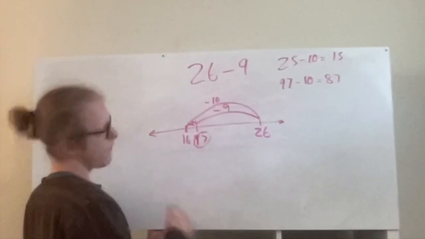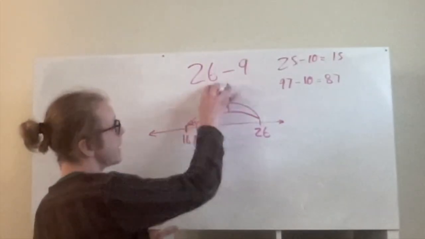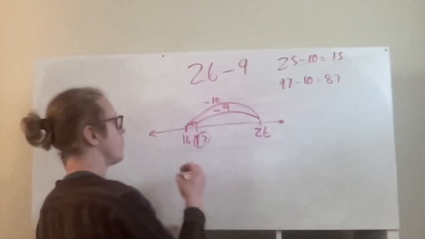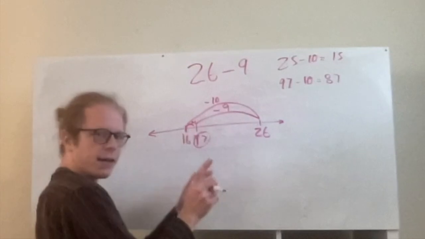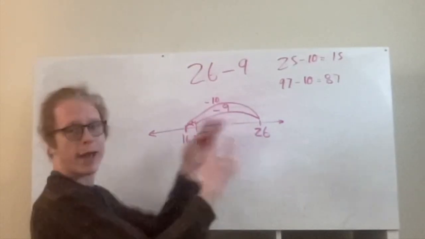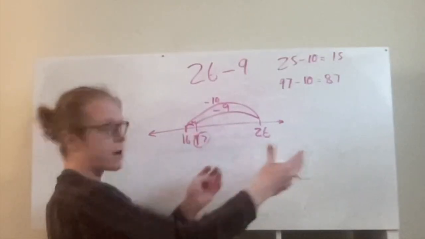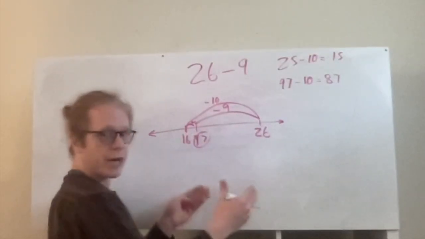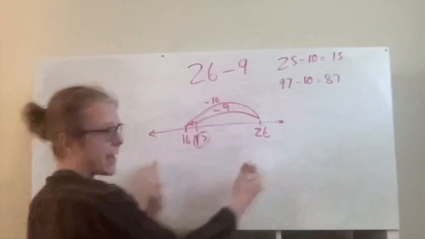Okay. There's another different strategy we could use that's related to this one, which is we could just shift both numbers, right? If I take the same amount away from both of these numbers, or I add the same amount to both numbers, the answer won't change because the distance, or the difference between the two numbers, is going to stay constant.